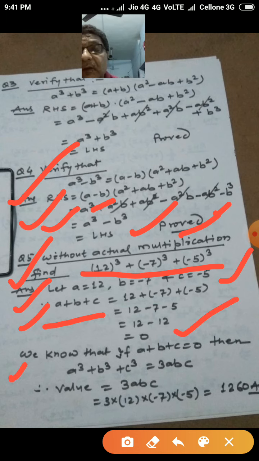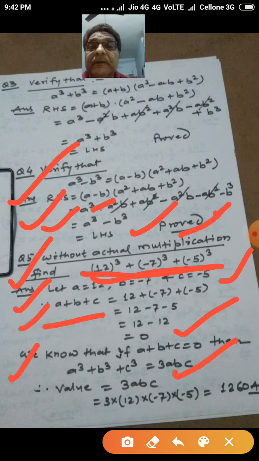Now we recall a conditional identity: if a plus b plus c is equal to 0, then any expression in the form of a cube plus b cube plus c cube has the value 3abc. Here both conditions are fulfilled, as a plus b plus c equals 0, and our question is in the form of a cube plus b cube plus c cube. So the answer should be 3abc.